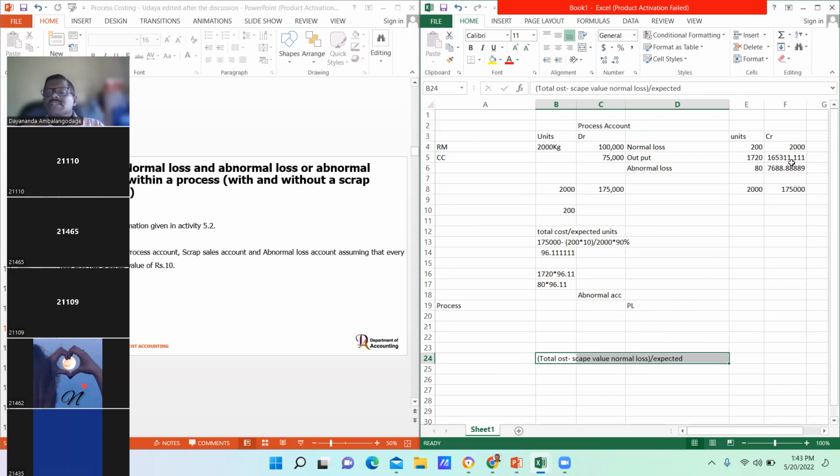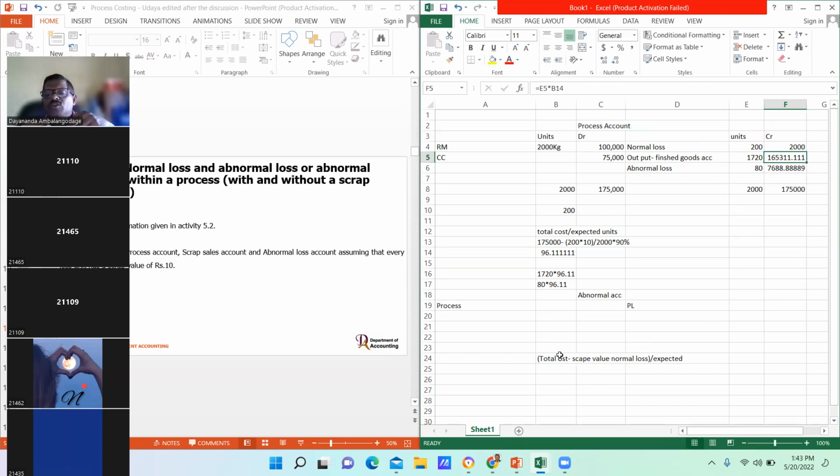Now what we do is we transfer the output to finished goods. There is no problem. We call it the finished goods account. So you transfer that to the finished goods account, this one. And you transfer the normal loss to the normal loss account.